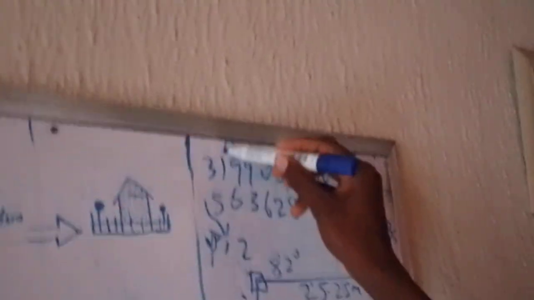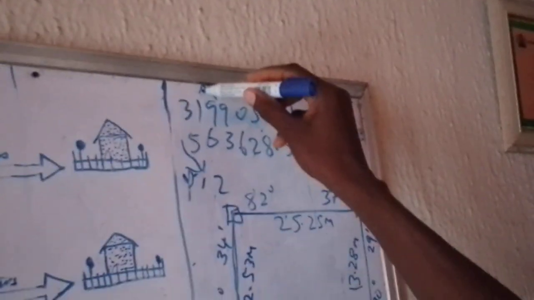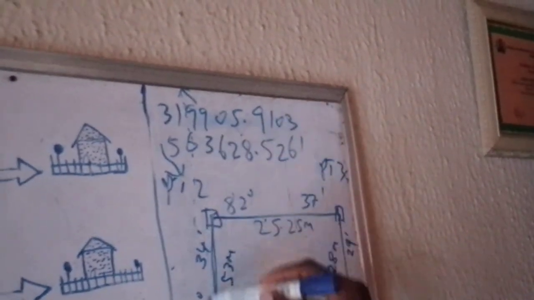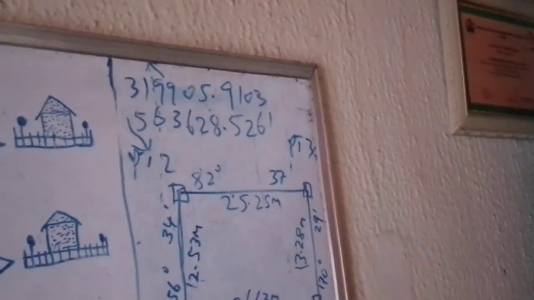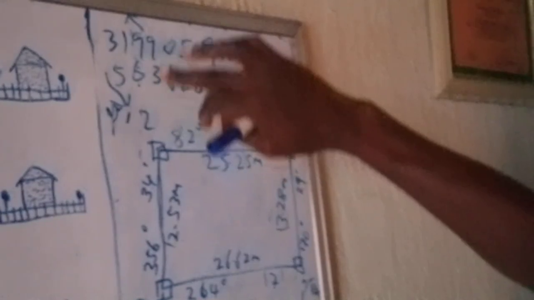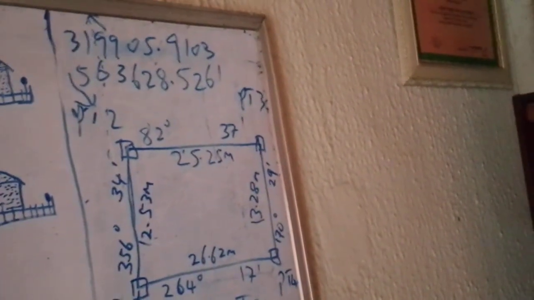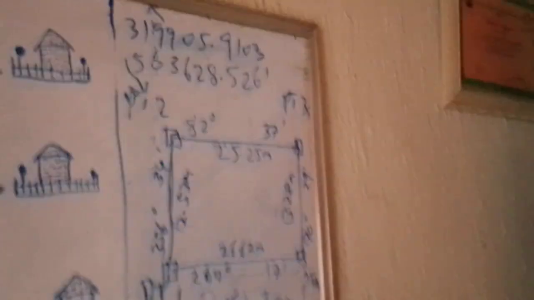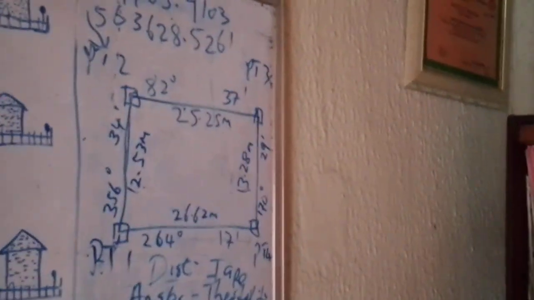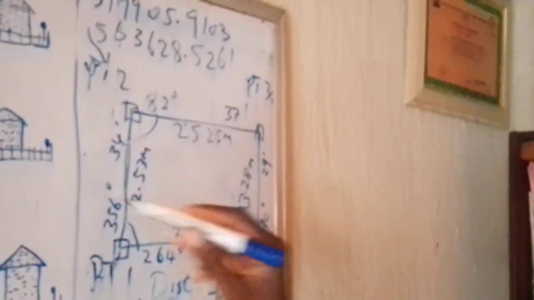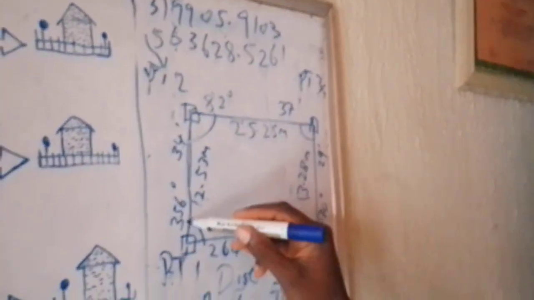A bearing has a reference, which could be true north. This angle is in reference to this true north. That's why it is called bearing. But theodolite angle readings are just internal angles like this, or external angles.